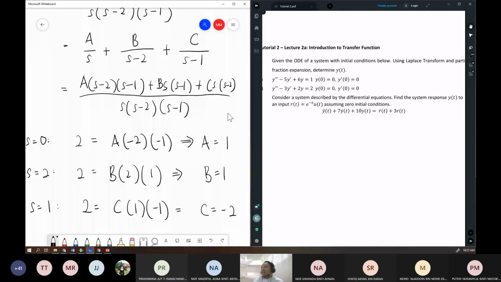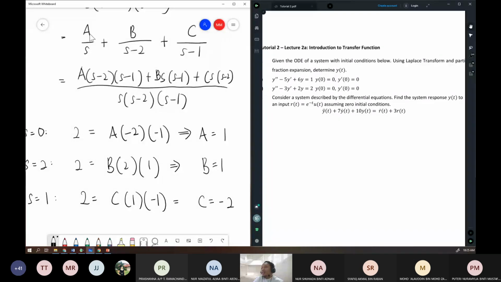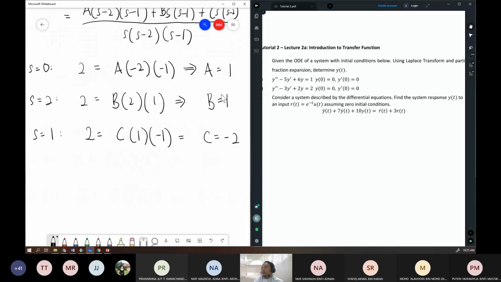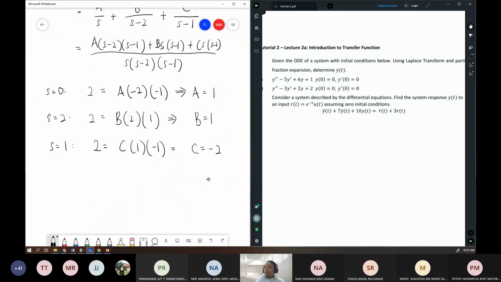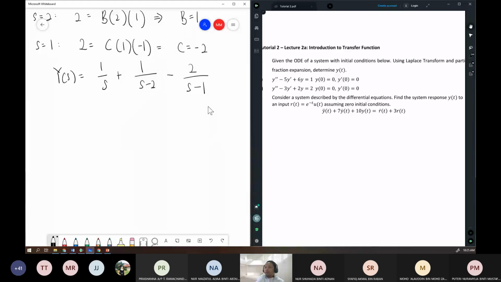And then substitute the values A, B, C back into the original equation. So you get Y(s) equals 1 over s plus 1 over s minus 2 minus 2 over s minus 1. And then use inverse Laplace transform. So we get y(t) equals 1 plus e^(2t) minus e^t.